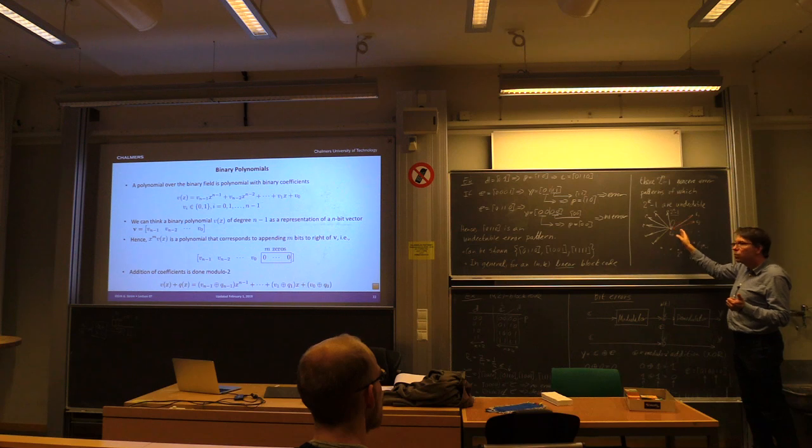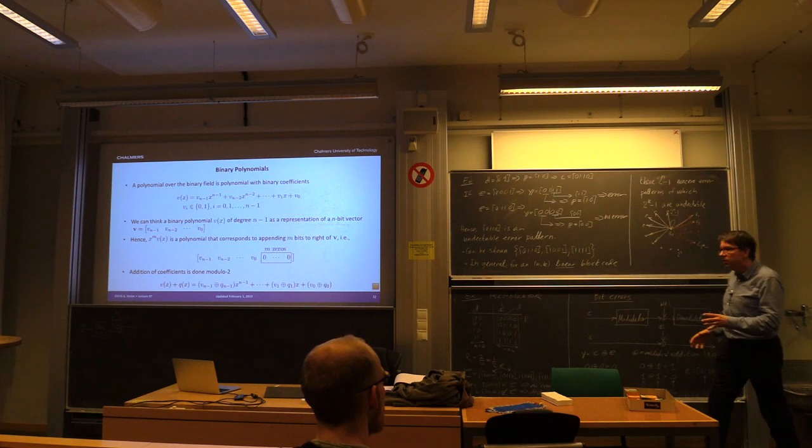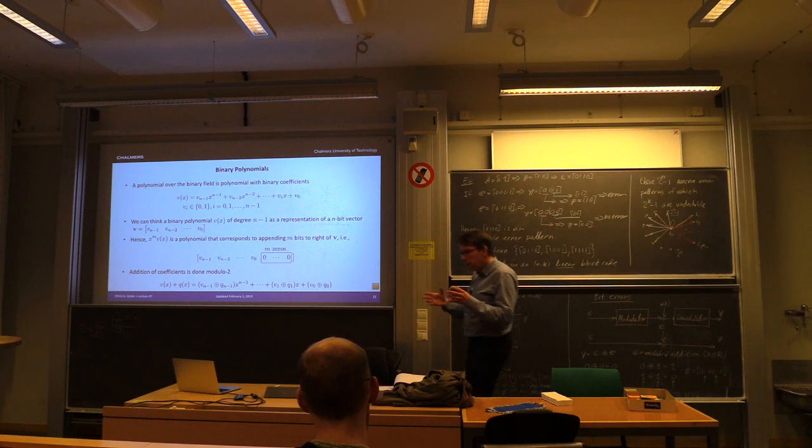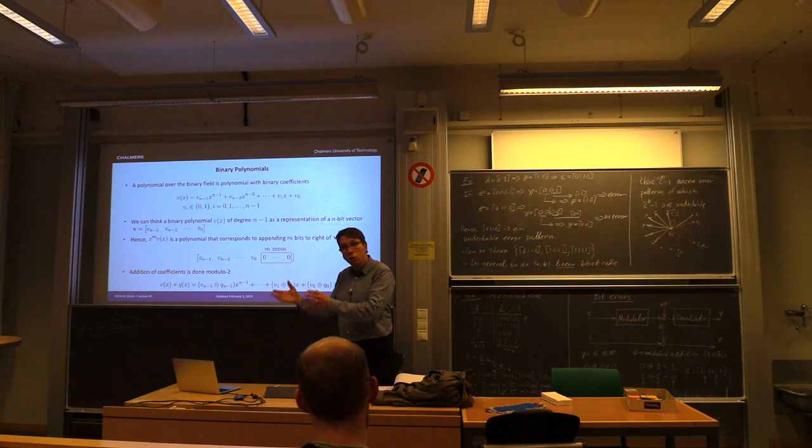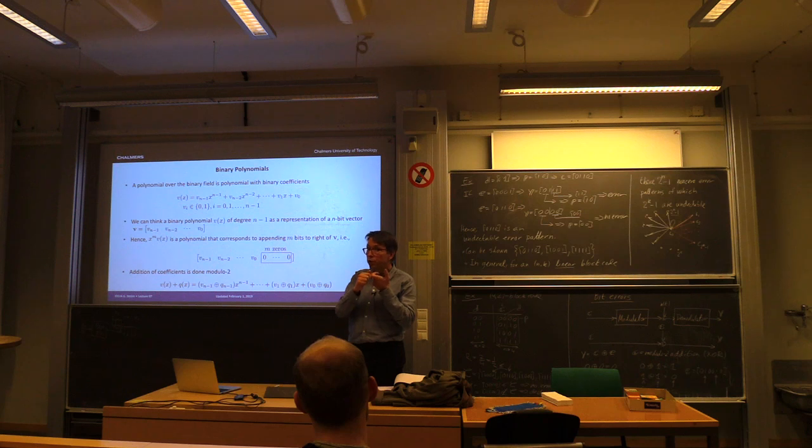And we would like, of course, the probability of accepting an erroneous payload to be as little as possible. So therefore, we design these error detection codes. Simplest one is single parity check, cheap, not very high performance.